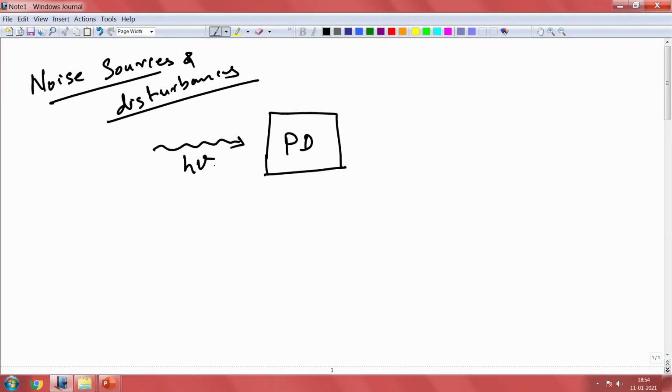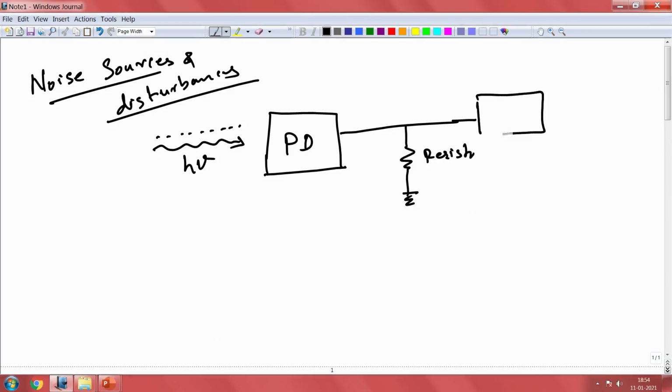They have a certain energy, and this is a stream of photons continuously coming through. What are all the possible noises that you could have? It starts from the source side, but on the detector side, on the output side, it is connected to a load resistor and it goes through an amplifier.